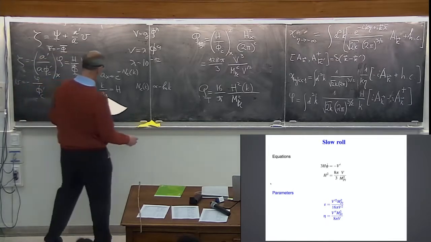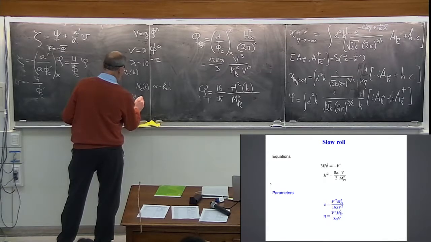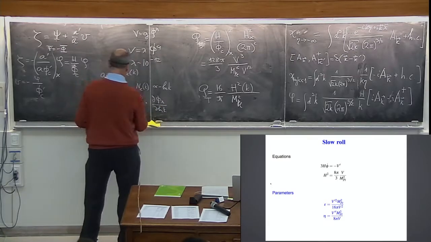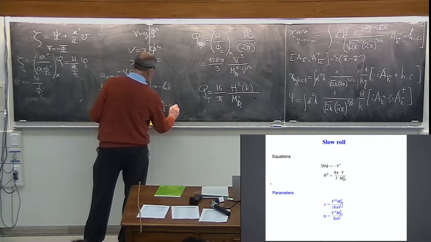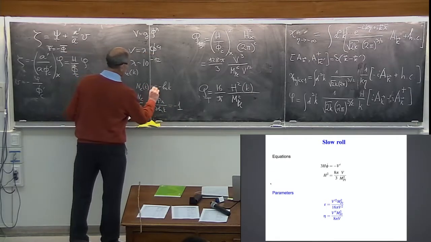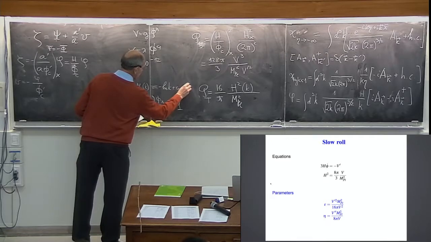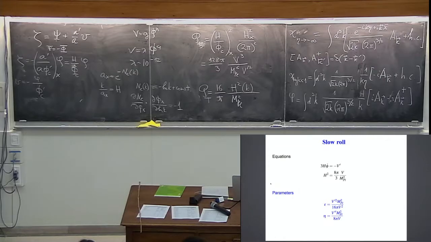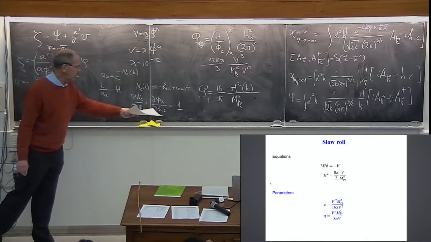Which means that dN_e over d phi crossing times d phi crossing over d logarithm k equals minus 1. So N is this plus a constant. So this tells me how the value of the field at which the horizon is crossed depends on momentum k.